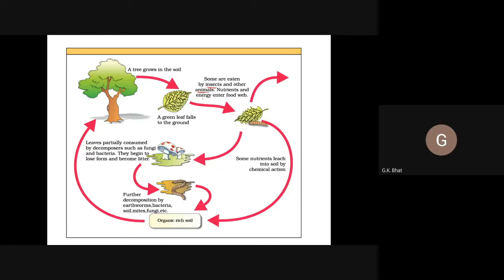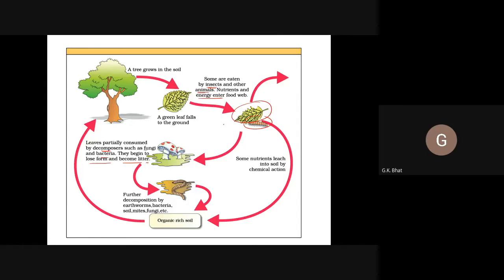Nutrients and energy enter the food web, into their bodies. See, a caterpillar larva is eating the leaf. At the same time, leaves are partially consumed by decomposers such as fungi and bacteria. They begin to lose form and become small particles. Earthworm may eat that, snail may eat that, slug may eat that, insect may eat that.